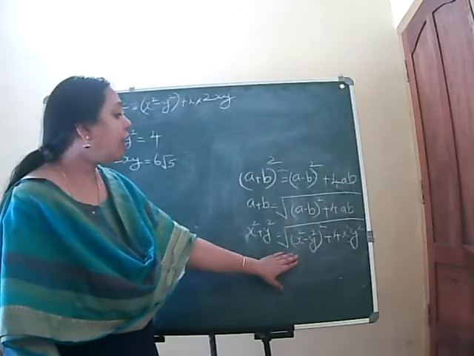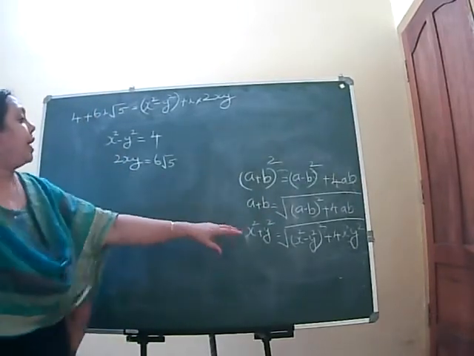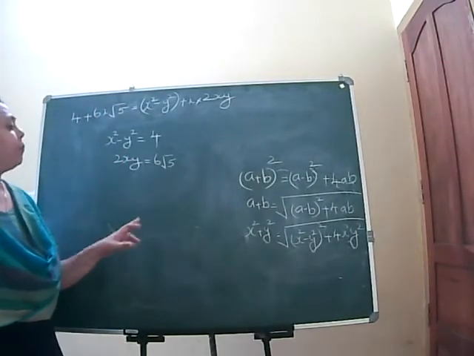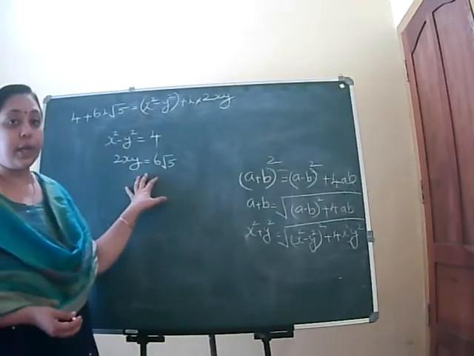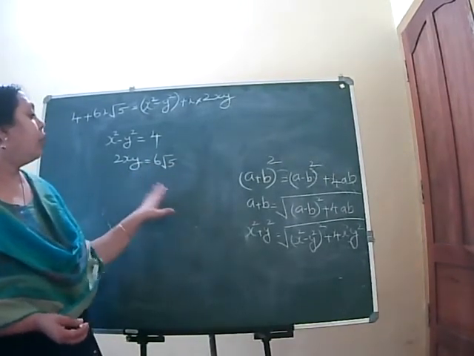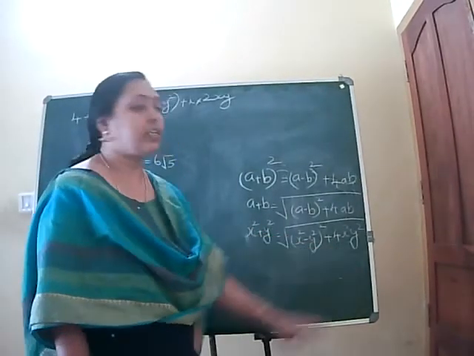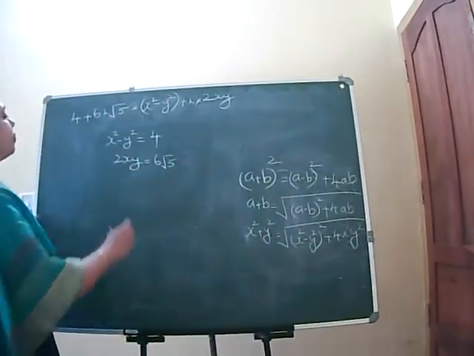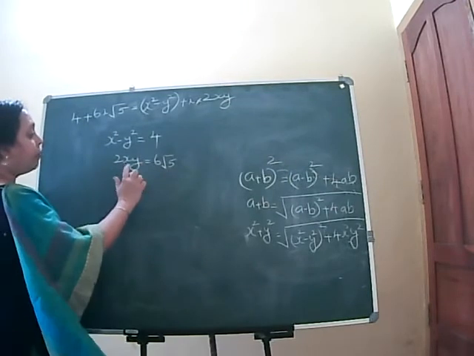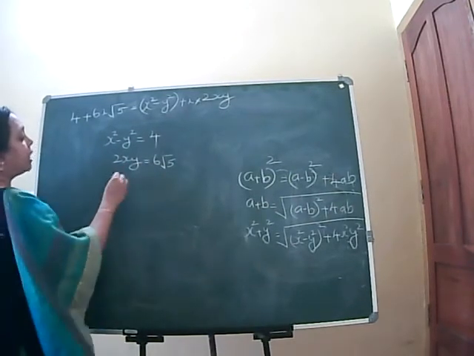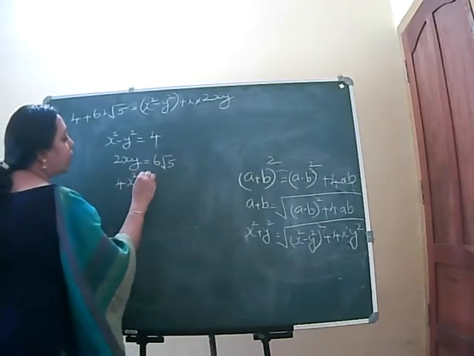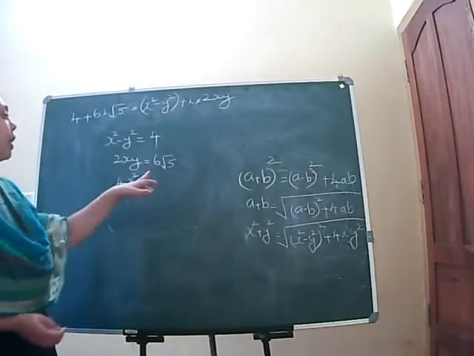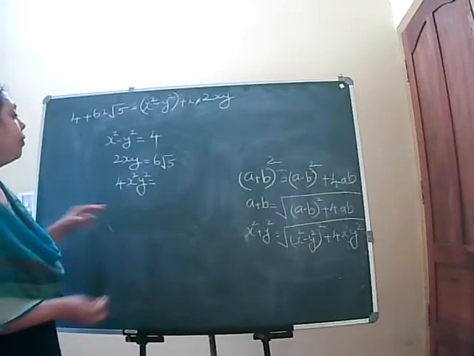Now we have the value of x square minus y square, and just taking the square on this equation we get the value of 4x square y square. That is, 4x square y square is equal to 36 into 5, that is 180.